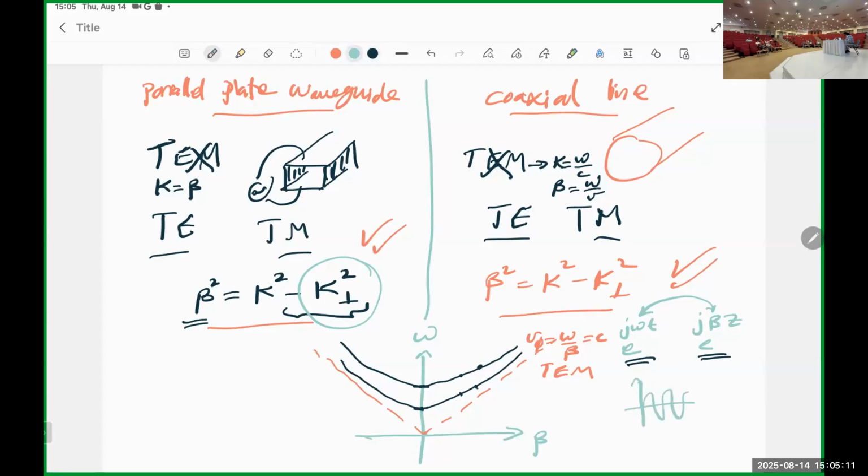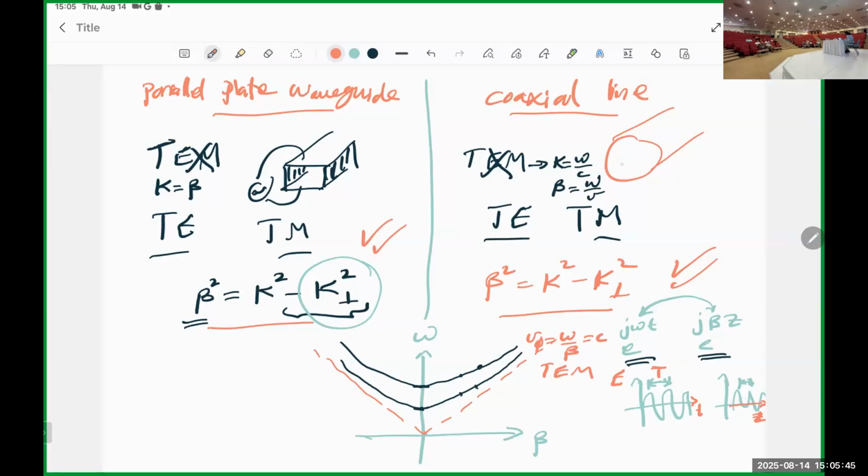Both of them have a sinusoidal behavior and a kind of periodicity, right? So here in the temporal component, if this is the field and this is time, this is basically the time period, right? If this is beta z, what is the periodicity of this spatial component in bounded media?